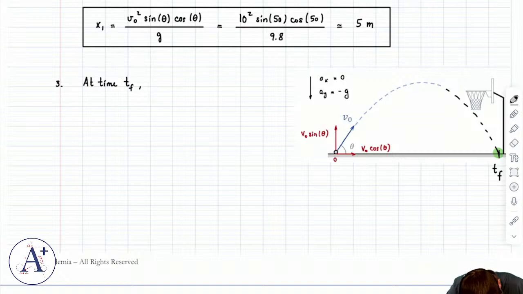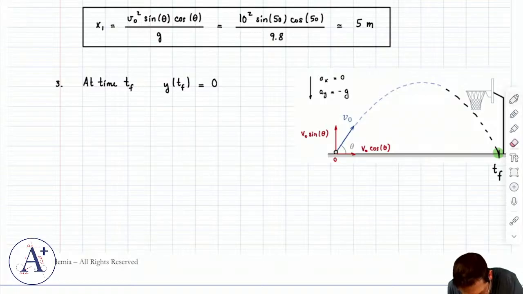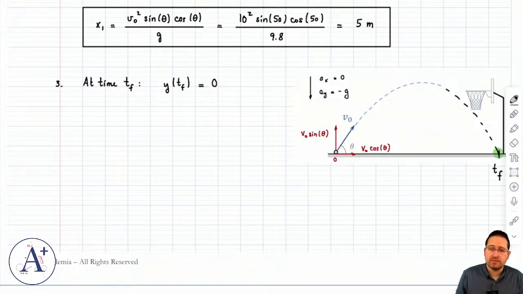I only want to solve for T final, so I need one equation. The only thing I can say for sure is that y of T final has to be 0 by definition, because now I'm back at ground level.